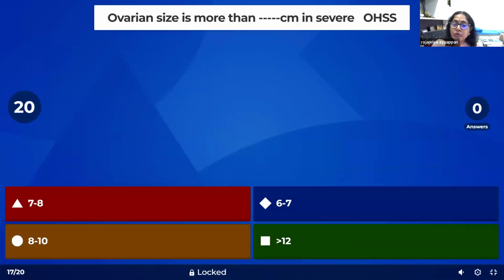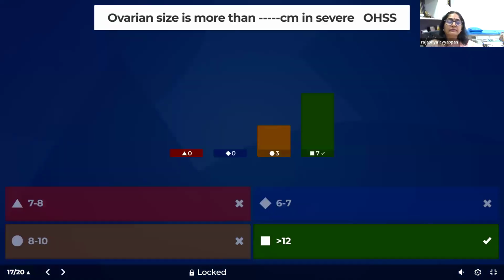Ovarian size is more than so many centimeters in severe OHSS. Is it 7 to 8 centimeters, 6 to 7 centimeters, 8 to 10 centimeters, or more than 12 centimeters? More than 12 centimeters is the answer.